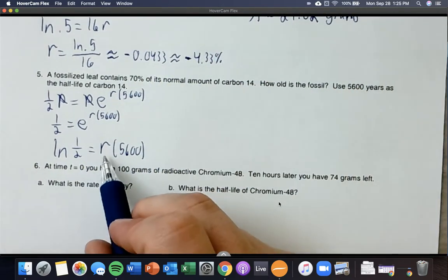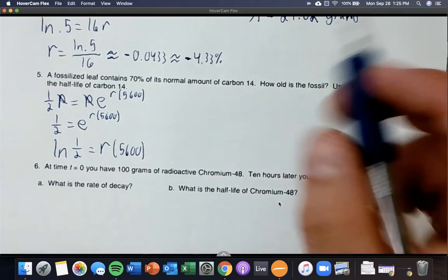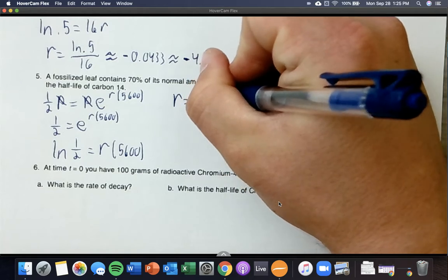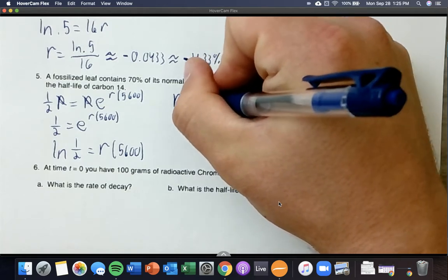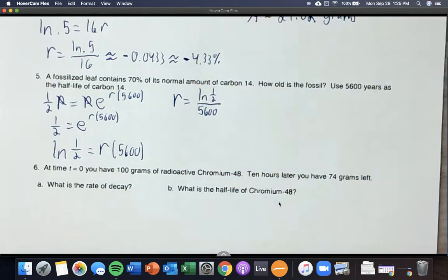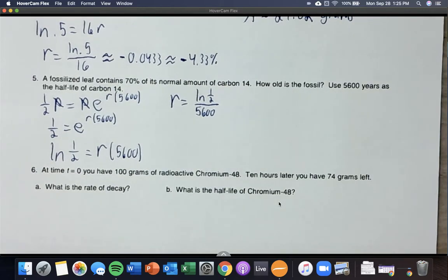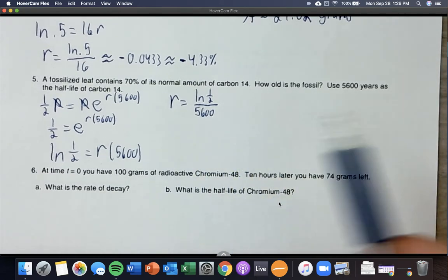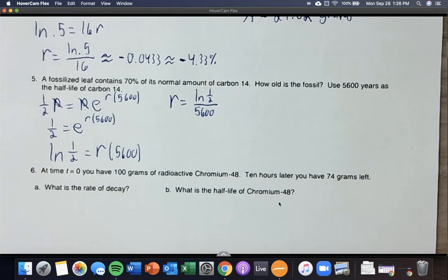Right, and we can get the rate, again, in a natural log form. So we get the rate is equal to the natural log of 1/2 all over 5,600. To get an exact answer, we're going to leave it in this form so that when we plug it into our next equation, we get exactly the amount of time. So we don't have to round beforehand.